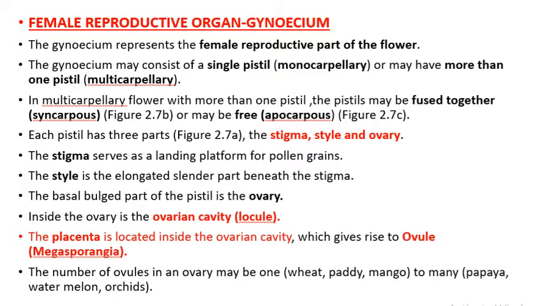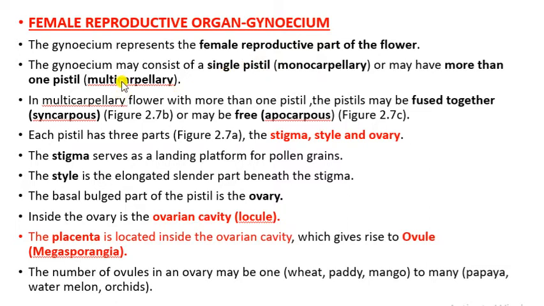If it has more than one pistil, then it is known as multicarpellary. So there are two types of flower depending upon how many pistils are present: if it is a single pistil, it is monocarpellary, and if more than one, multicarpellary.